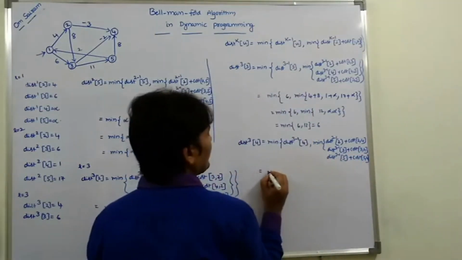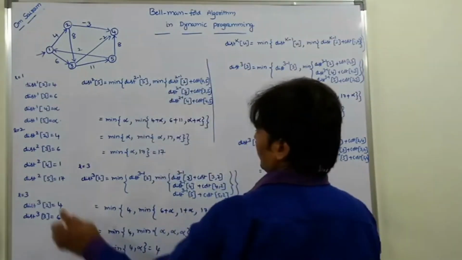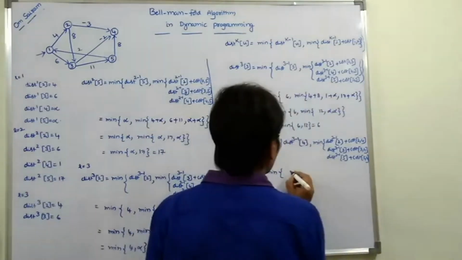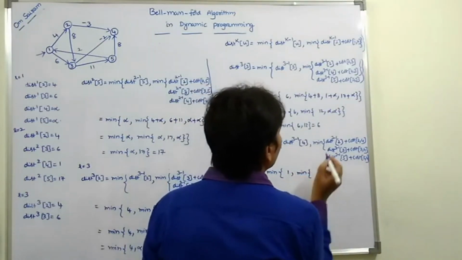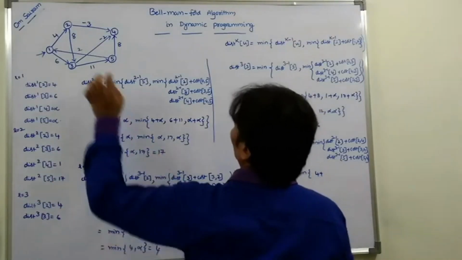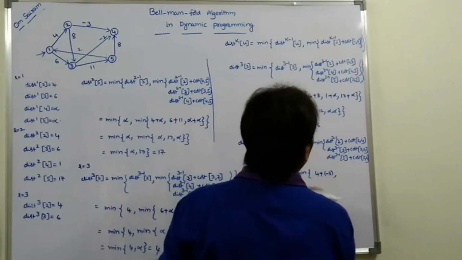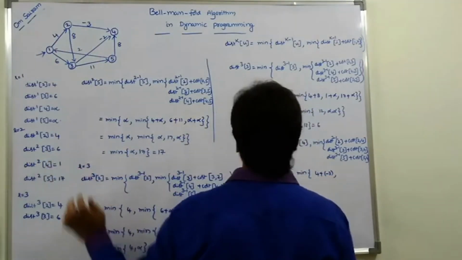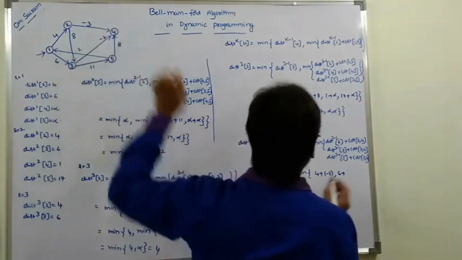So that is equal to the minimum of dist 2 of 4, which is 1, comma the minimum of dist 2 of 2, which is 4, plus cost of 2 comma 4, which is minus 3; dist 2 of 3, that is 6, plus cost of 3 comma 4, which is minus 2.